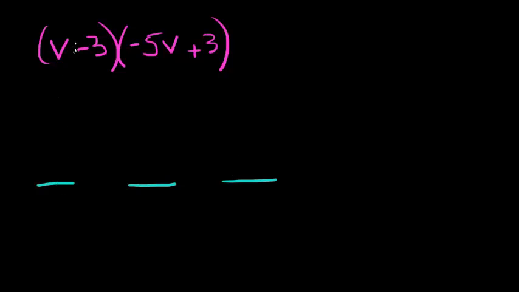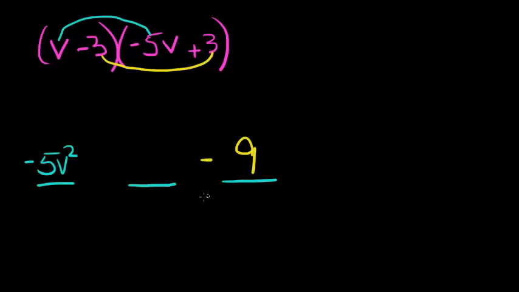This first term comes from v, the first thing in this parenthesis times that. So v times negative 5v is negative 5v squared. Your last term comes from the last term in this parenthesis times this. A negative 3 times a positive 3 is negative 9.